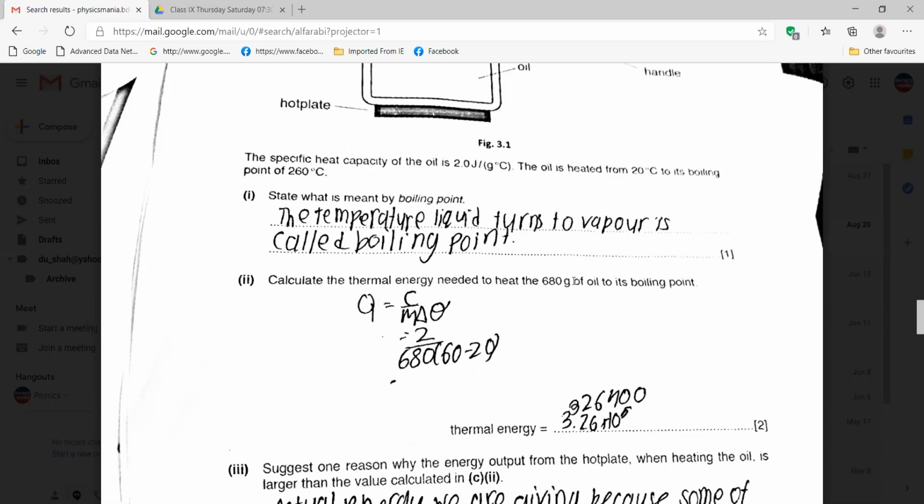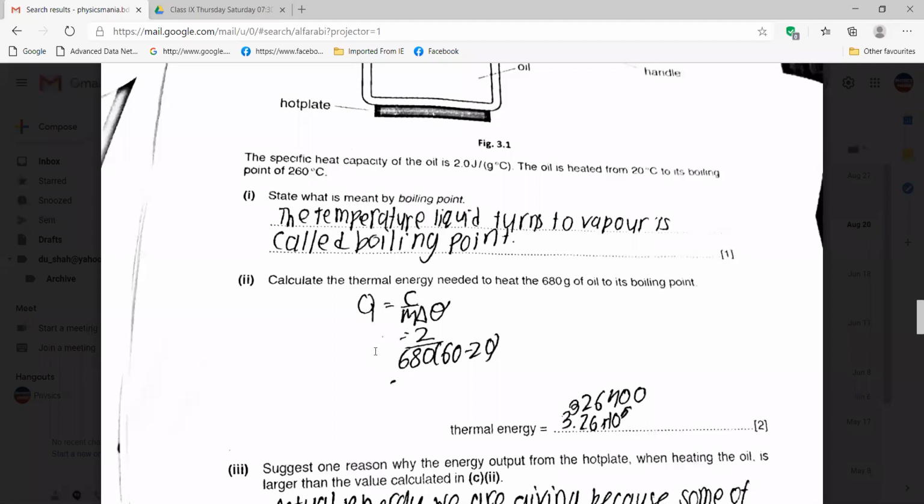Is it clear? So they are asking you to calculate the thermal energy needed to heat the 680 gram of oil to its boiling point. So your thermal energy, you wrote this formula. Is it the correct formula? I don't think it is correct.